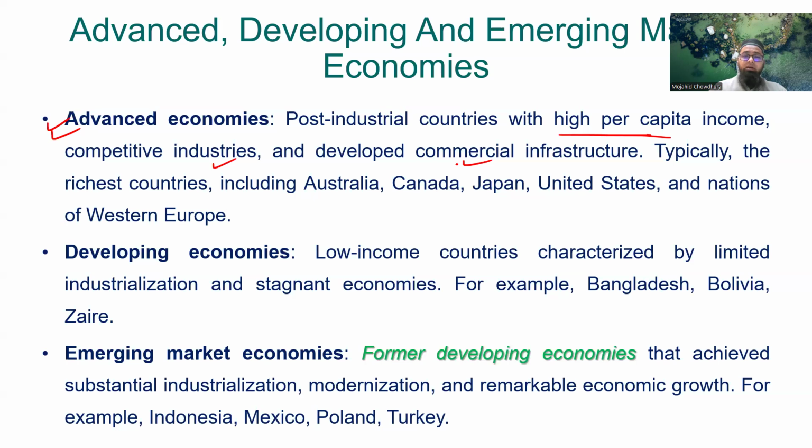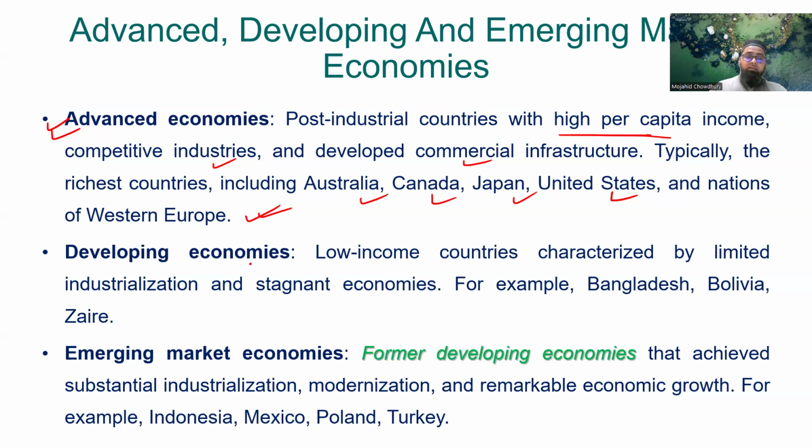Normally, the richest countries in the world, like Australia, Canada, Japan, the United States, and the Western European countries, Sweden, Denmark, Netherlands, Germany, France, are considered as the advanced economies.